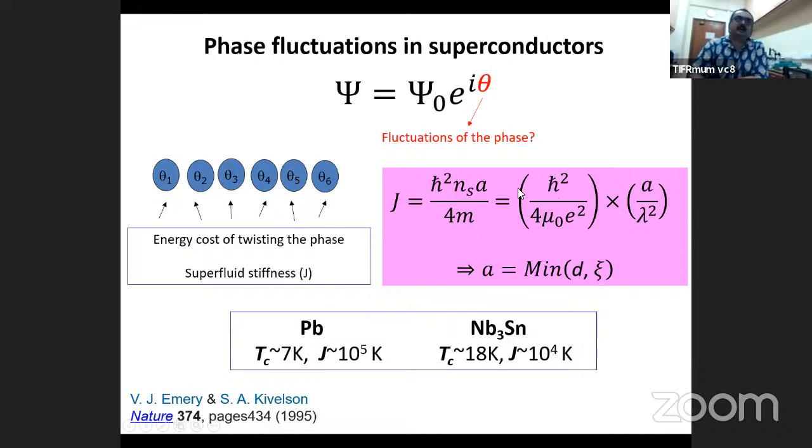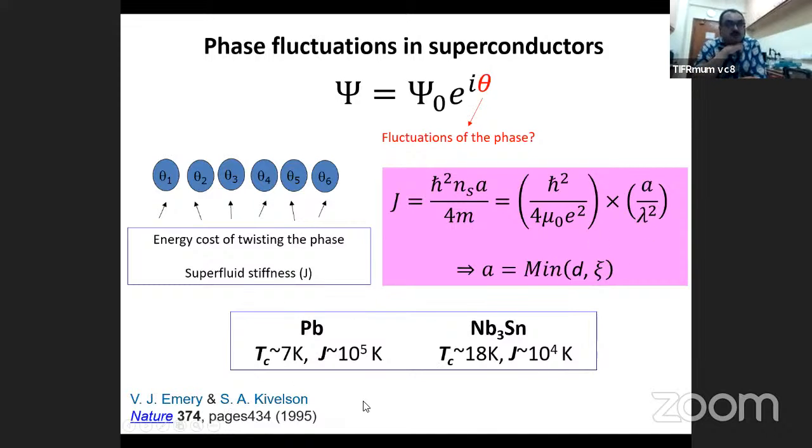Plug it in, and in fact this superfluid stiffness doesn't even depend on the effective mass, which is a good thing about superfluid stiffness. So the effective mass also doesn't skew your actual value. You have the effective mass here, but you also have the effective mass embedded in NS, so it drops out. All right, and instead of A, you put the coherence length, you know the penetration depth, and calculate.